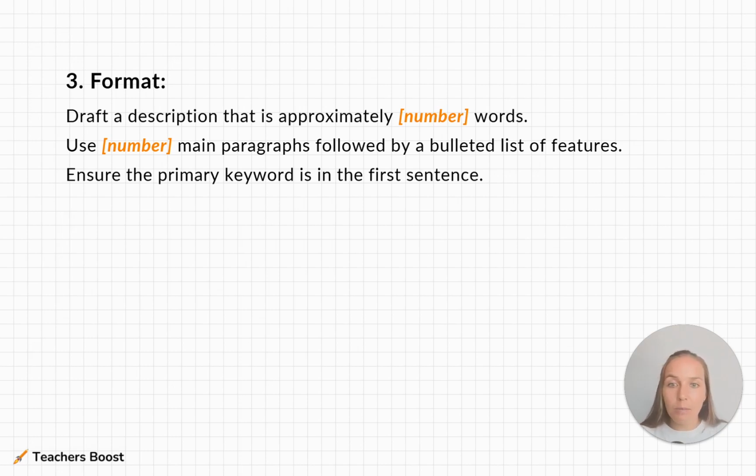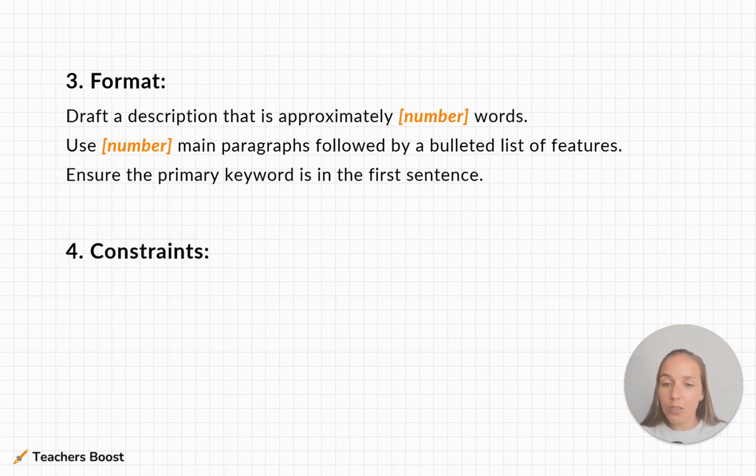Use however many main paragraphs, followed by a bulleted list of features. Bullet points are really nice, I think, for listing your features. And then ensure that the primary keyword is in the first sentence. That's a really important prompt. Putting that keyword at the beginning of the description will really help the algorithm latch onto your product.